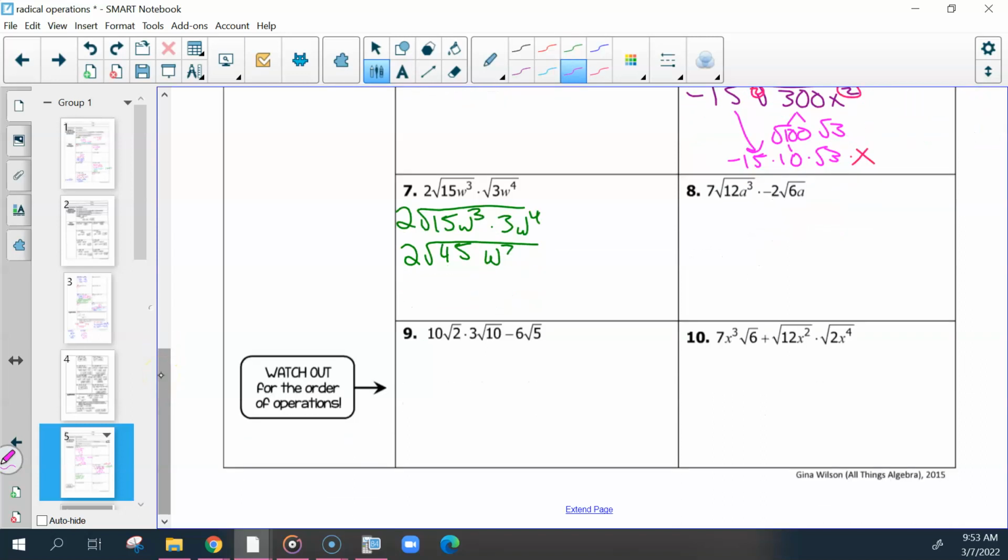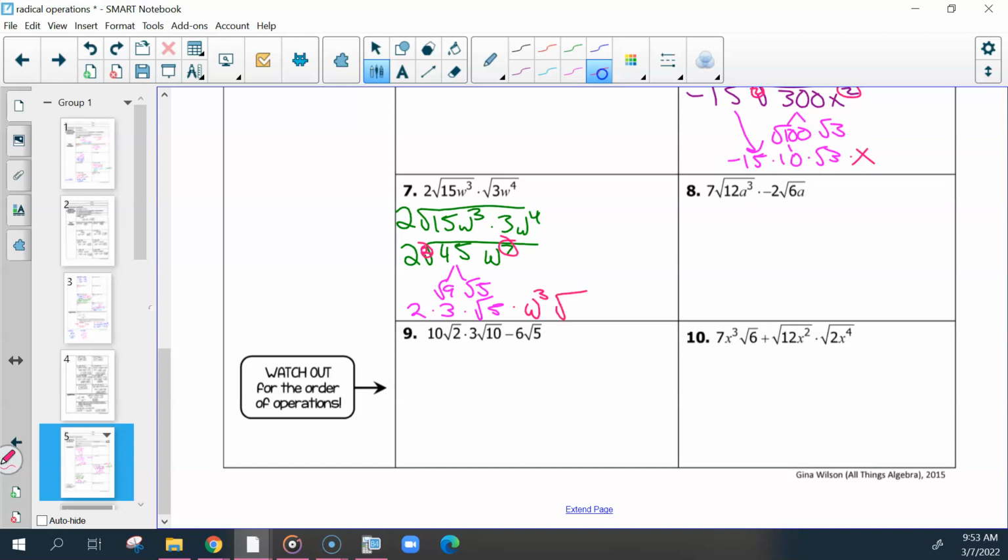Now we need to break this down. What is the highest perfect square we can divide 45 by? 9. We have 3 times the 2 from the outside, times the square root of 5. 2 goes into 7 how many times? 3. So that would be w to the third.